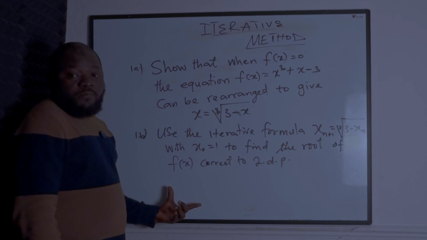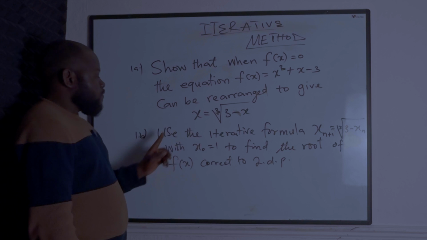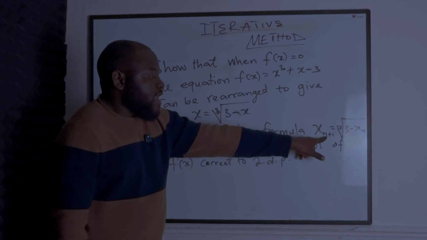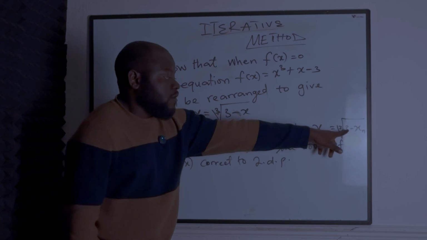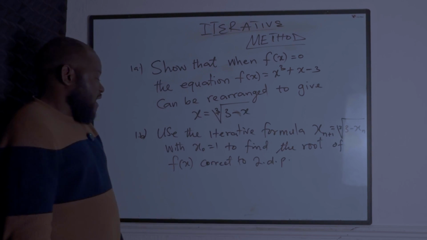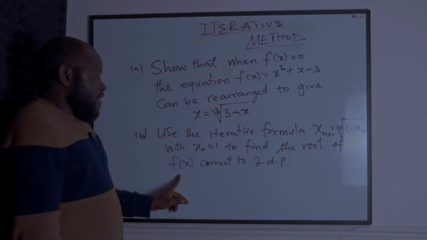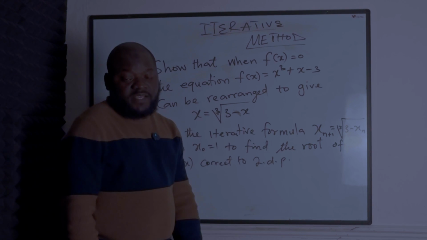Then they'll go to the second part of the question, which is the B part. Use the iterative formula x sub n plus 1 equals the cube root of 3 minus x sub n, with x sub 0 equal to 1, to find the root of f of x correct to 2 decimal places.